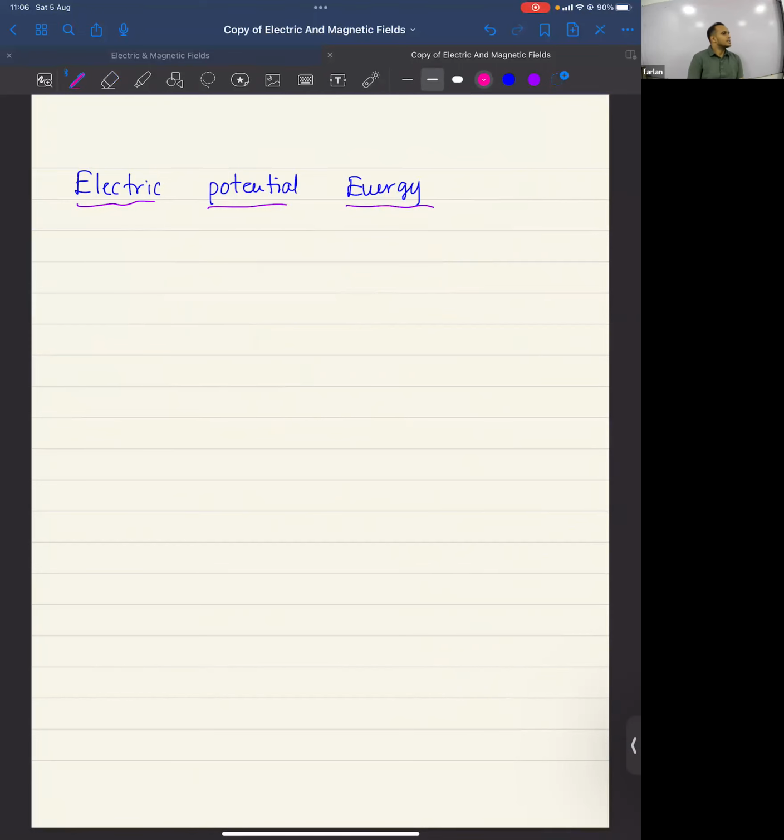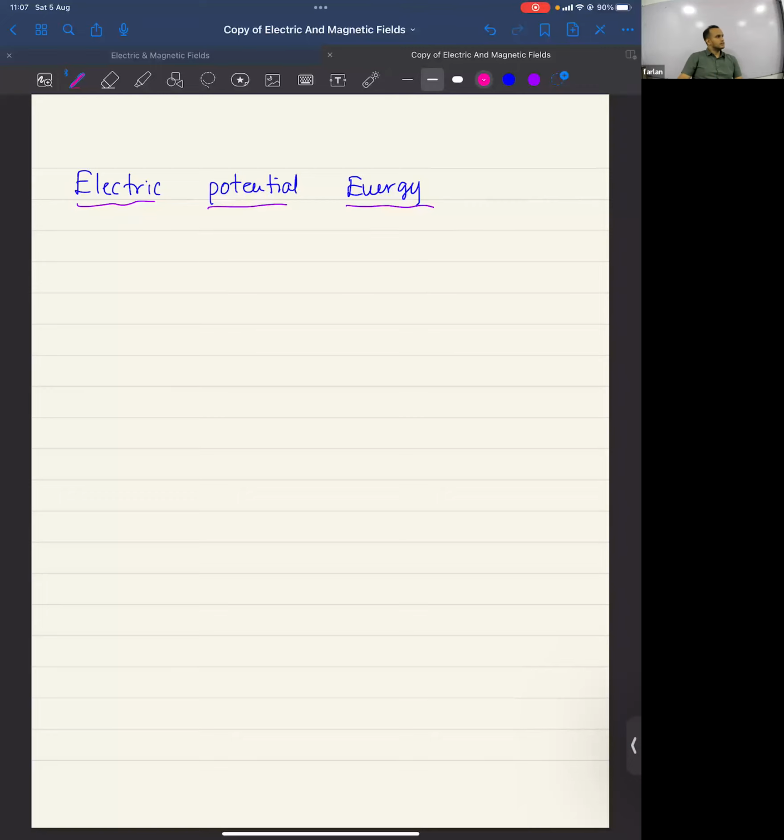Electric potential energy is the energy possessed by a charge in an electric field. Now you know how to find the electric potential at a point. So the electric potential energy means the electric potential at that point multiplied by the charge which is kept at that point.